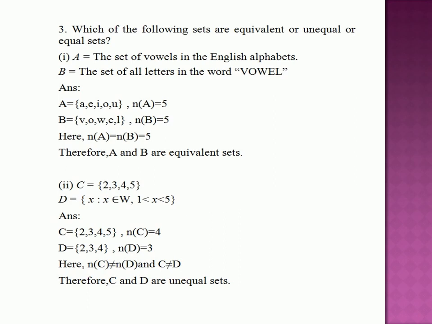The number of elements in the set C is 4. In the set D, 1 is not included, so 2, 3, 4. 5 will not be included. How many elements are there? Here 3 elements in the set D. Now comparing C and D, the number of elements is different and also the elements are different in both sets. Therefore C and D are unequal sets.